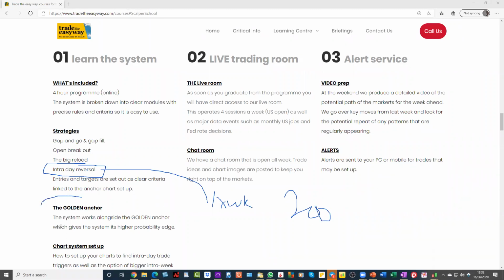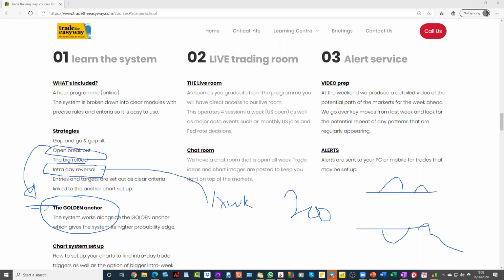So on the program, you learn about the anchor. Now this is crucial, because when we are looking at the open, we only take trades that work with our anchor system. So, for example, I've shown you examples today where the pound was going one side of the open range, going the other side of the open range, and so on. The anchor system keeps us away from trades that go the wrong side of the open range.